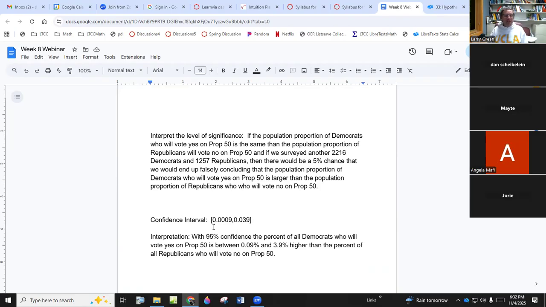And 95% of those confidence intervals will contain the true difference in population proportions between the percent of all Democrats who will vote yes on 50 and all Republicans who will vote no on 50. So it's very similar to what we did 2 weeks ago. So it's the same idea.